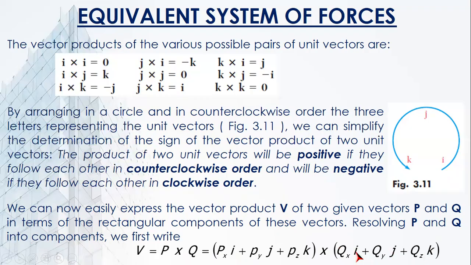J cross J 0, K cross K 0. So from 9 terms, 6 na lang. So sa 6 terms, ang duha ka terms na I, duha ka terms J, duha ka terms K. So i-combine nimo to para ang result niya vector product na IJK yapon. Component sa vector V ang result. I-combine na nimo tong duha ka terms na I, duha ka terms na J, duha ka terms na K. Okay.